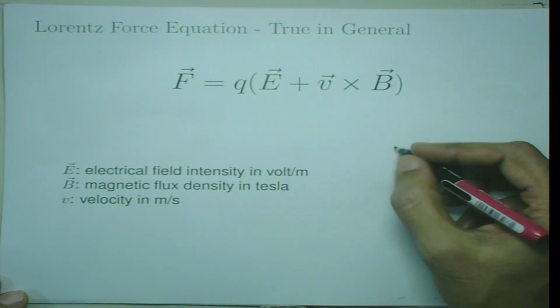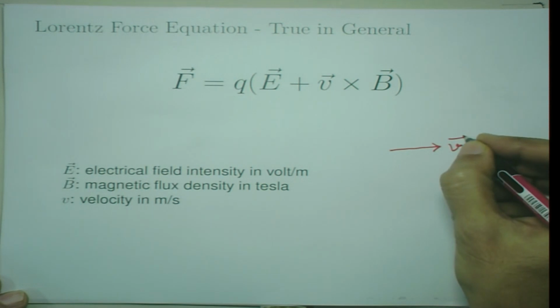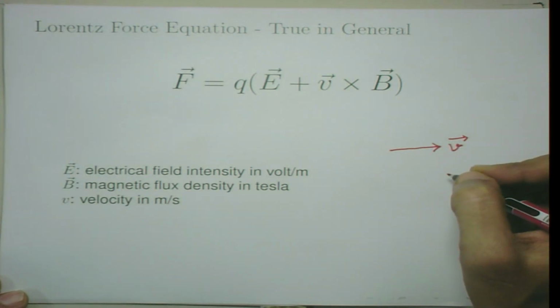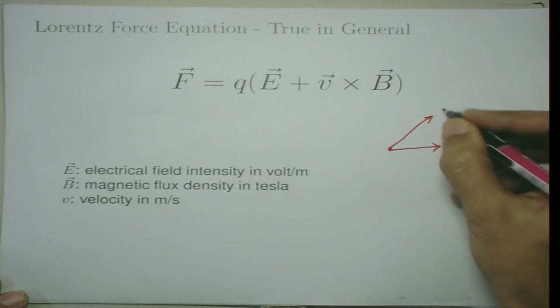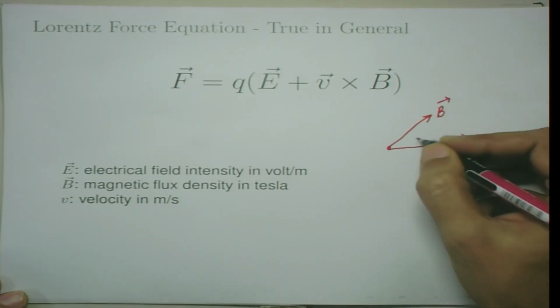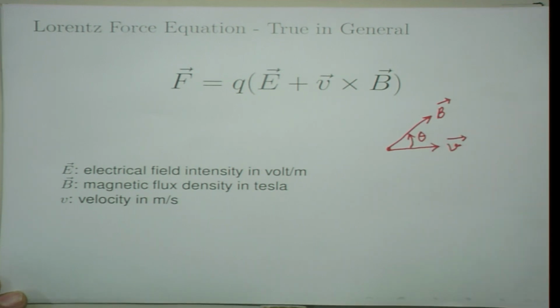Just to revise what the cross product is, if you have got a charge with a velocity v, and there is a magnetic field at that point, B bar, then the force experienced by this charge is given by the cross product of v and B. And how do you take out the cross product?